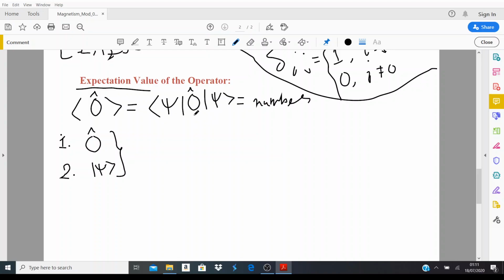Let's see. If you look at this part of the expression, what's happening here? There is a ket, and on that ket, an operator is operating, right? Let's say when operator O operates on ψ, it gives you, for example, some other ket φ. That's this part, and this part is left alone, untouched, right? What's that? That's an inner product between the ket vector φ and the bra vector ψ. And we already know this must be a number, right?